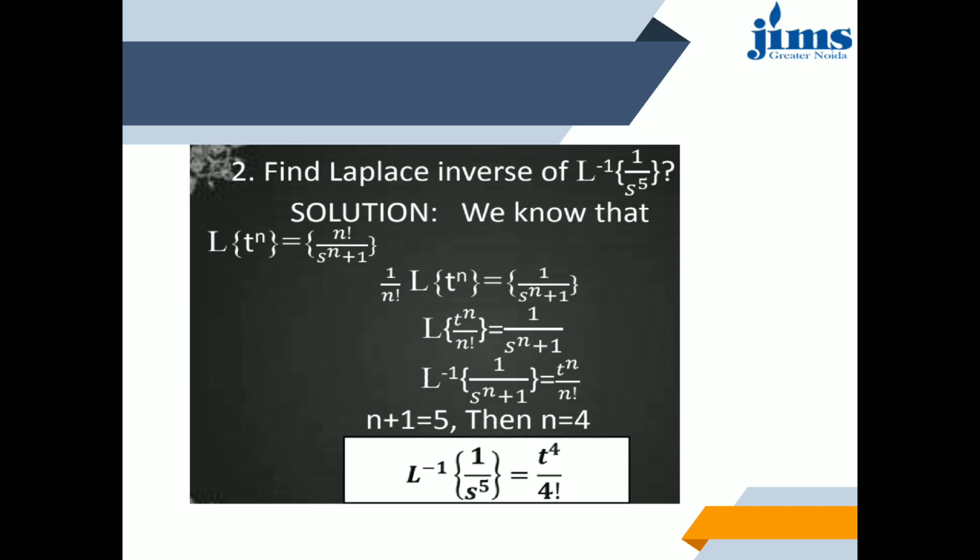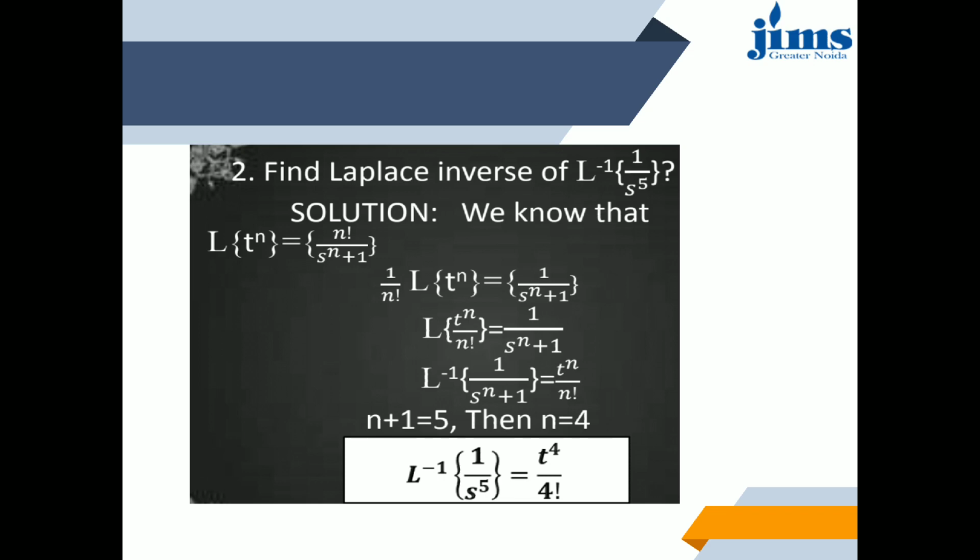Next, find the Laplace inverse of 1 upon s to the power 5. As we know, the Laplace transform of t to the power n is n factorial divided by s to the power n plus 1.